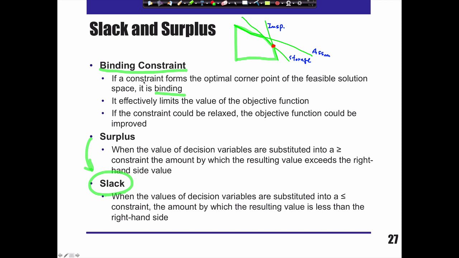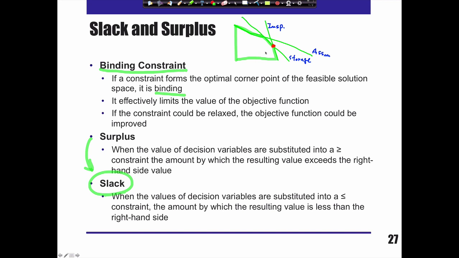Why is finding the binding constraints and the slack important? Because if you want to improve your profit, do I have to increase the inspection hours? Do I have to increase the assembly hours? Do I have to increase the storage? And you will figure it out. Even if you increase the assembly hours, I'm not using all the assembly hours, so if you increase the assembly hours available, you cannot improve your profit.